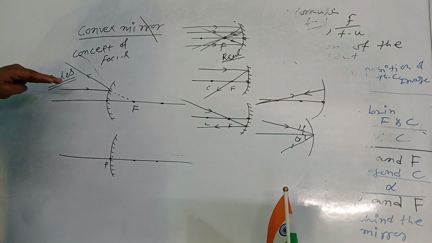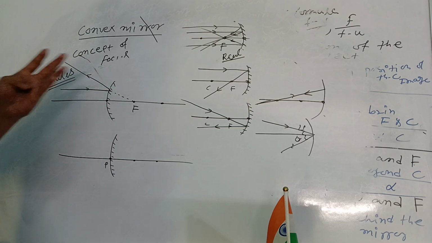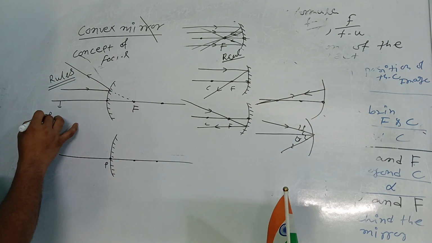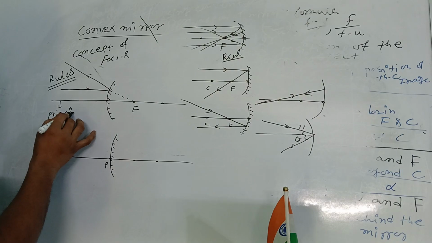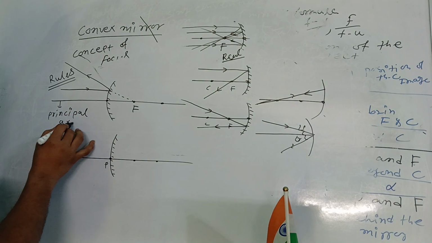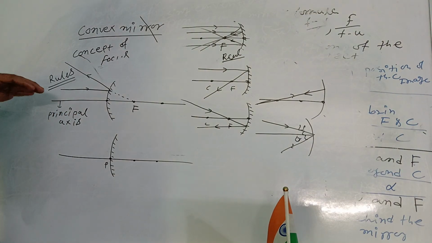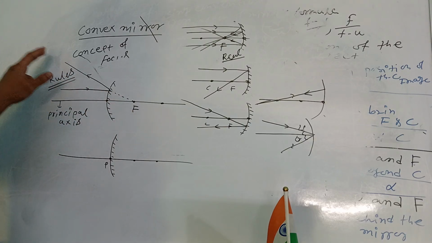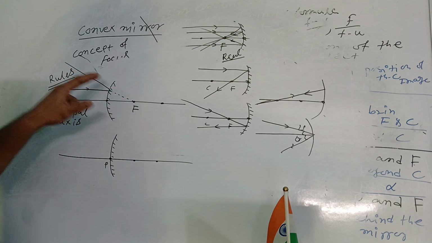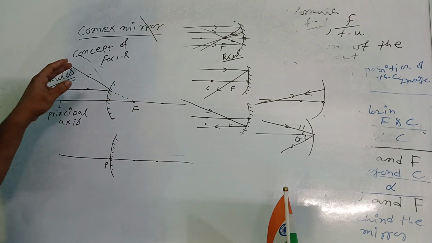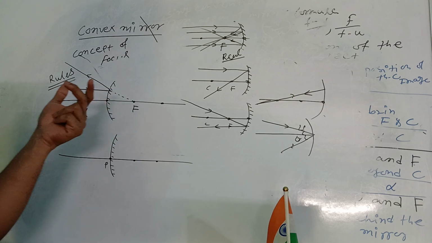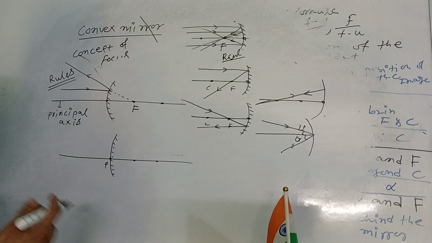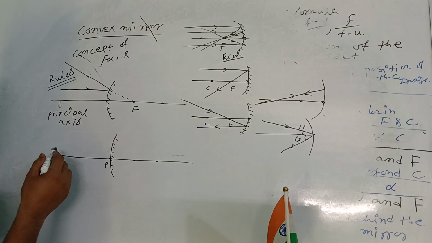So if the incident ray is parallel to the principal axis, which is the principal axis? This is the principal axis. So if the incident ray is parallel to the principal axis, after the reflection it appears to diverge from the focus. Next one, suppose it is for normal incident.